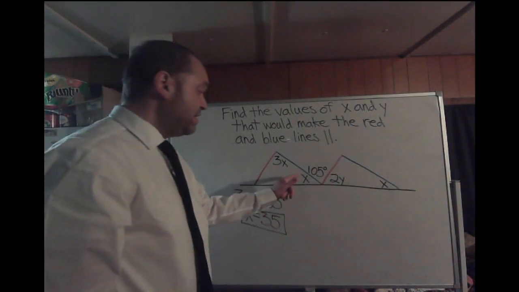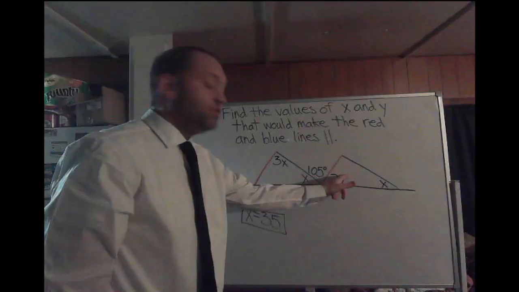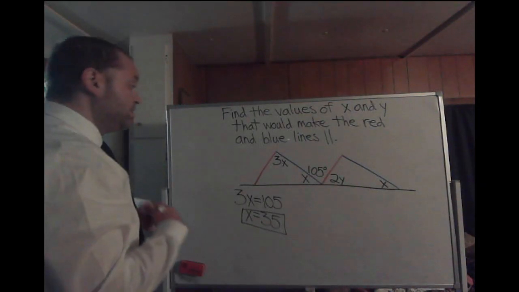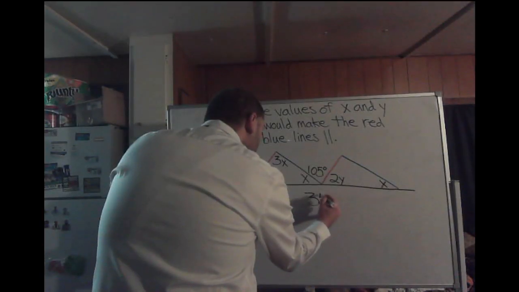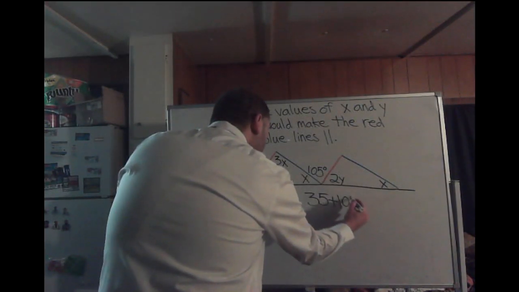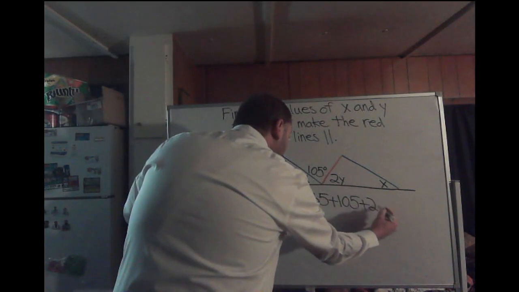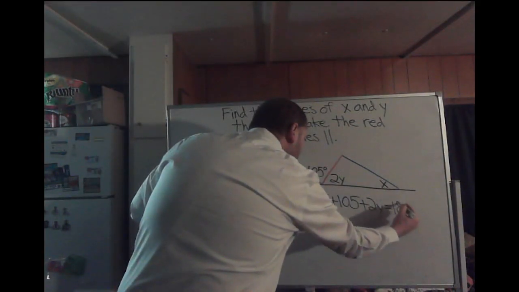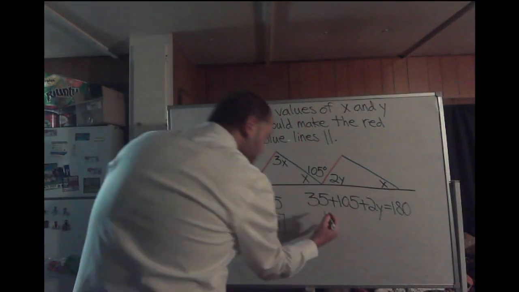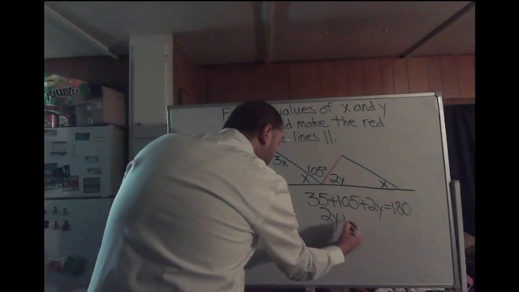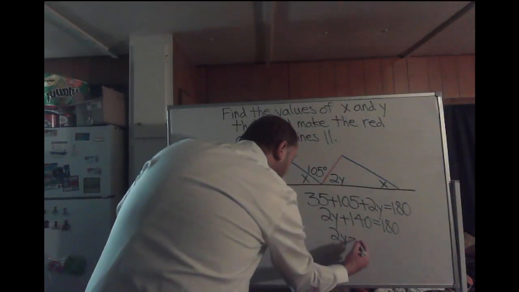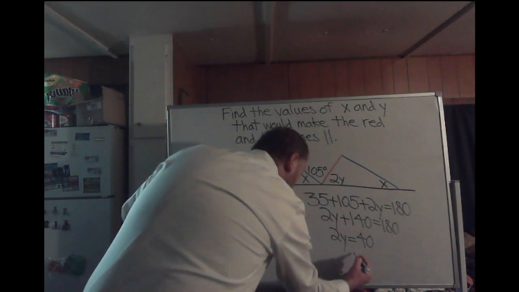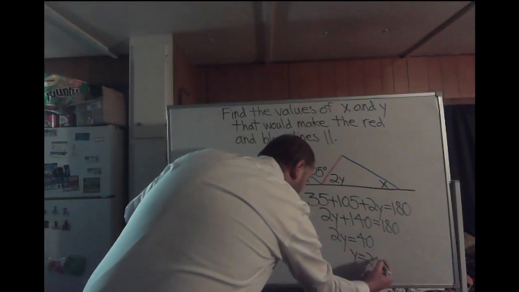If we take the value of x plus 105 plus 2y, wouldn't we get 180? So let's go ahead and do just that. We'll take 35 plus 105 plus 2y, we will set that all equal to 180, which would then mean you would get 2y plus 140 equal to 180, which would just mean that 2y equals 40, which would then give you y equals 20.